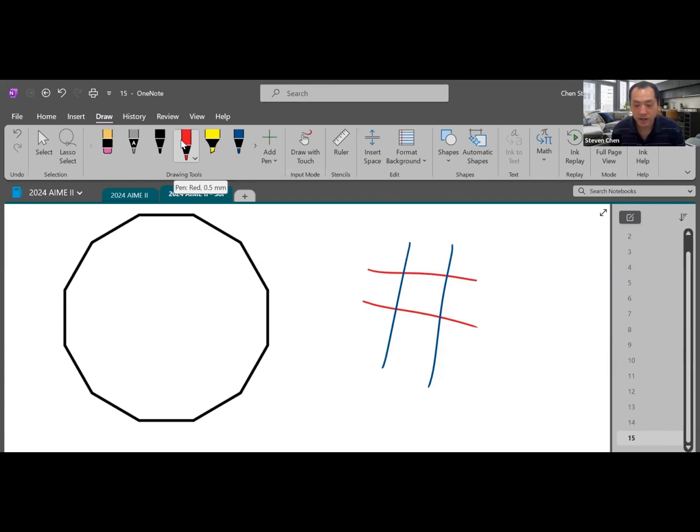And for 12 sides, we can put them into 6 groups, right? Each side has its opposite one. So these two have the same slopes. They are parallel, right? So we only have 6 possible slopes. For the bottom one, let me use K to denote the slope, 0. Then the next one to its right is tan of 30. And the next one, tan of 60. And the next one is vertical, so it's 90.